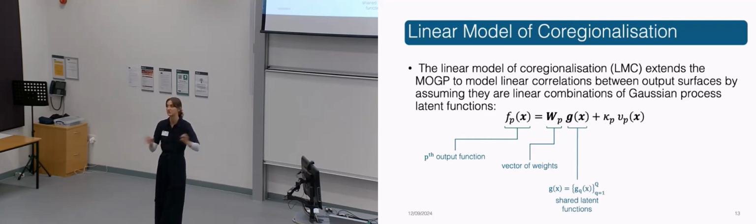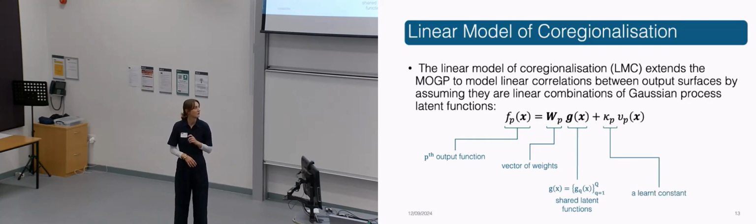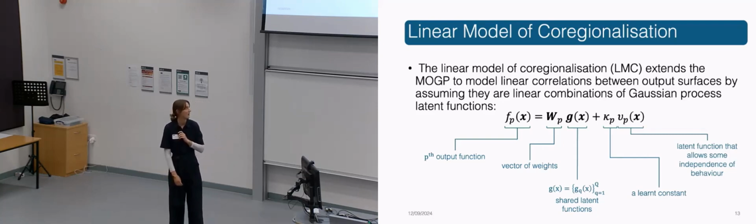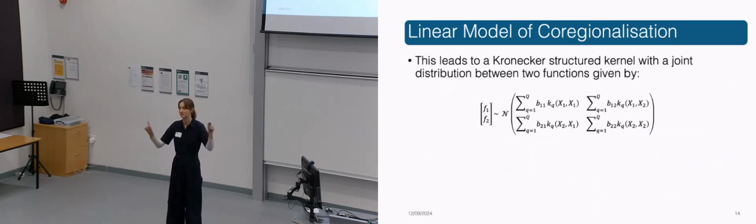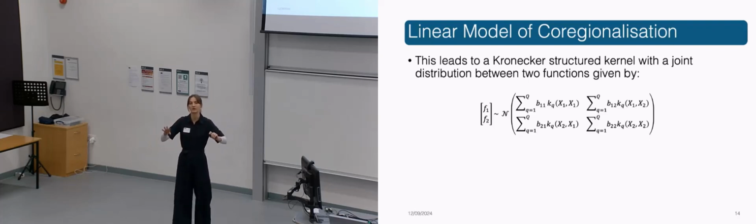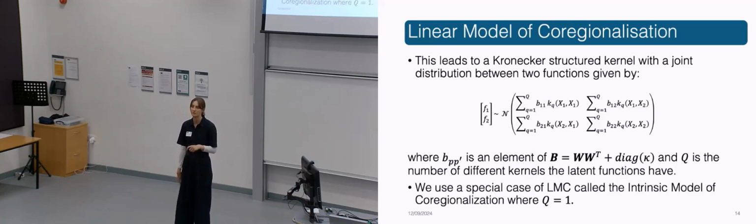Normally you have fewer latent functions than you have output functions. And then you also allow it to have some independence by allowing it to have its own little latent function to deal with that. And you end up with this kind of covariance matrix where you do have correlations between outputs.